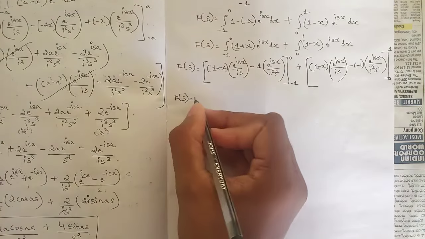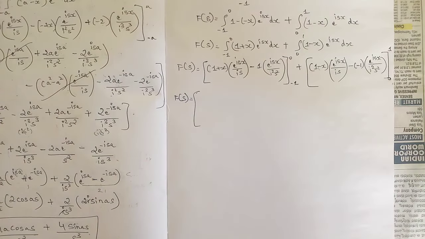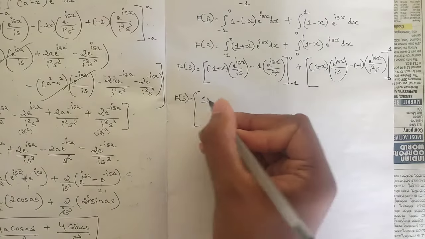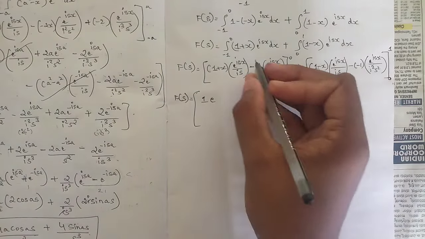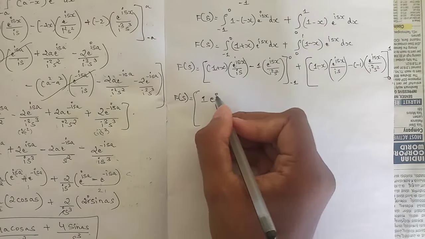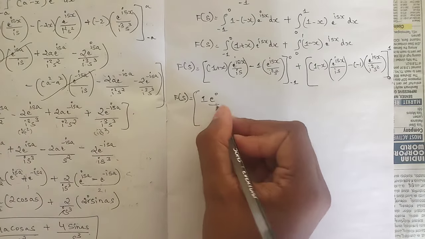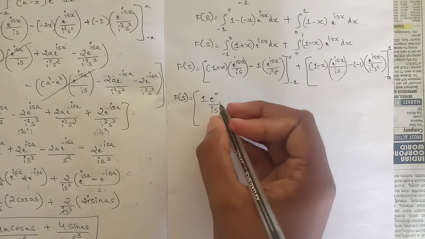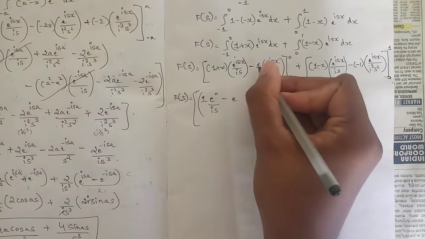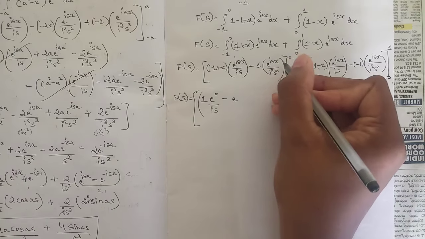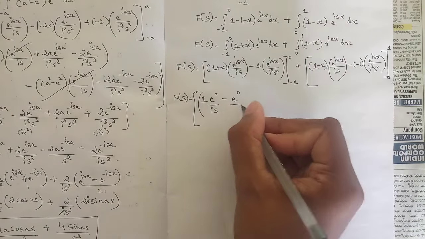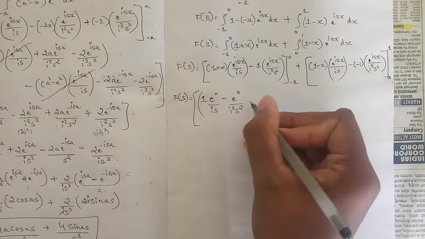So now the f of s value is, for the upper limit 0, 1 plus 0 is 1 into e power 0. The value of x is 0, so the power term will become 0, divided by is, minus 1 into e power x value, which is 0, so the whole power becomes 0, divided by I square s square.